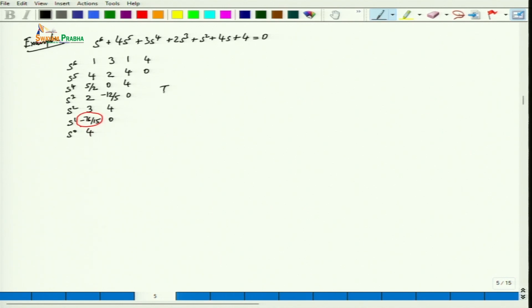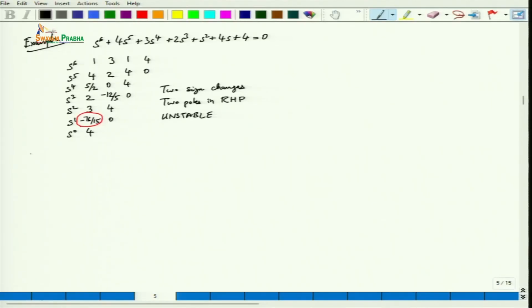So you see two sign changes, which implies that there are two poles in the RHP. So this tells us that this system is unstable and how many poles there are in the RHP. That is the only information it gives us. It does not give us any more information about the location of the poles.